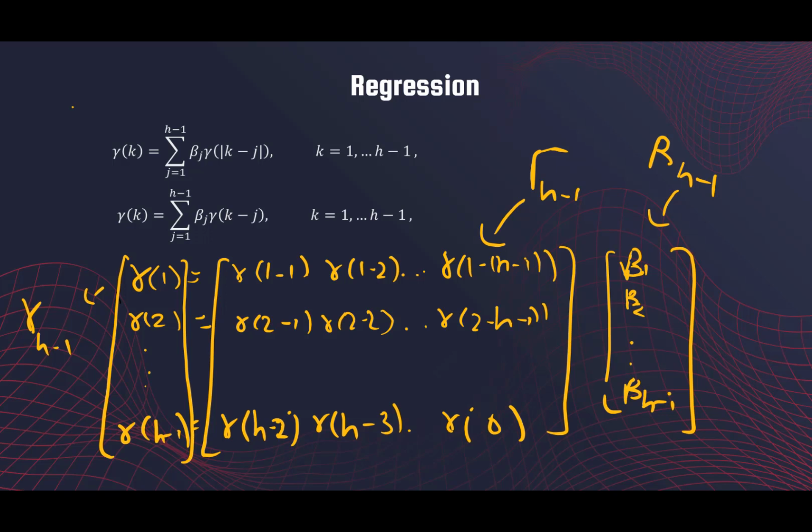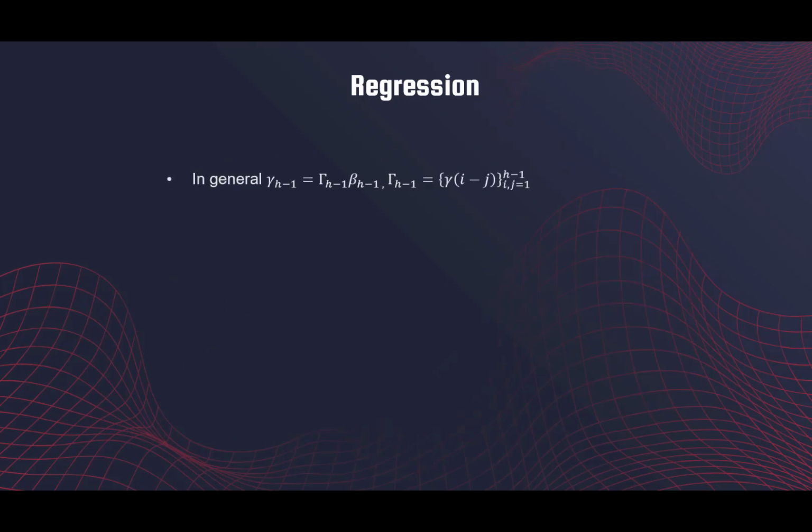So again, we're going to write this system of equations in another more convenient form: gamma h minus 1 equals this matrix times this vector. And now a more convenient way to write out that entire matrix is this. So what does this mean? Each element has this form. I have an h minus 1 times h minus 1 matrix, that's the dimension of the matrix.